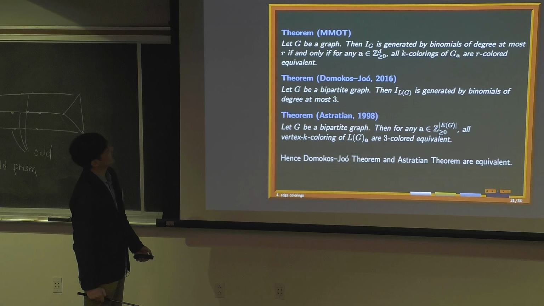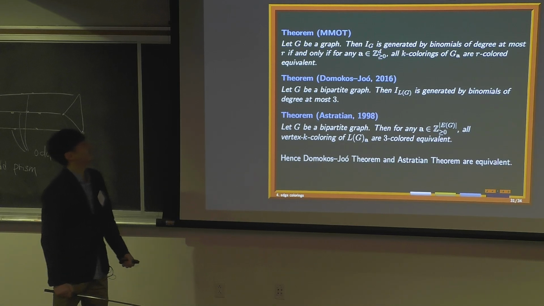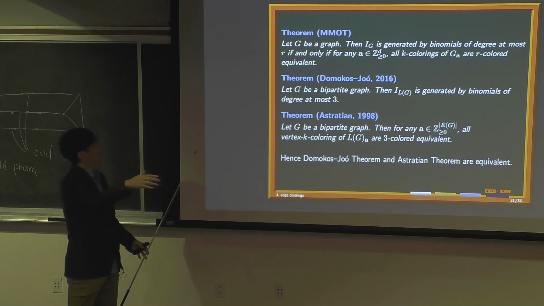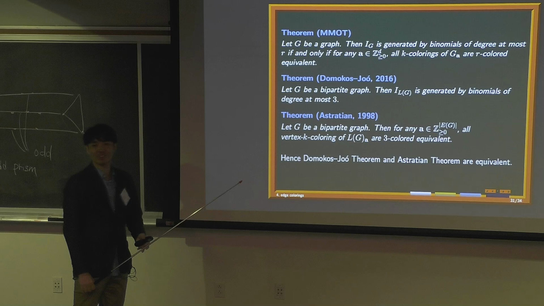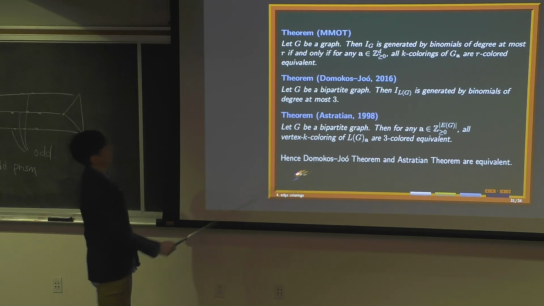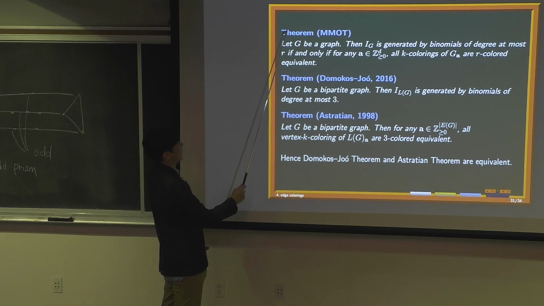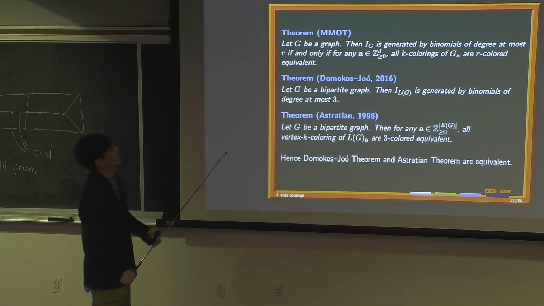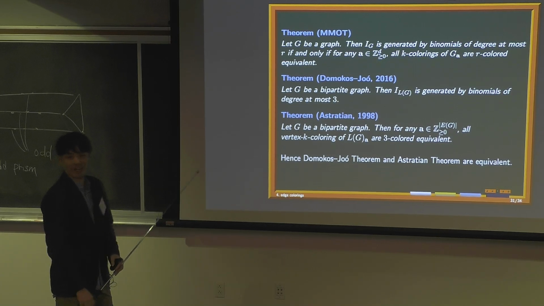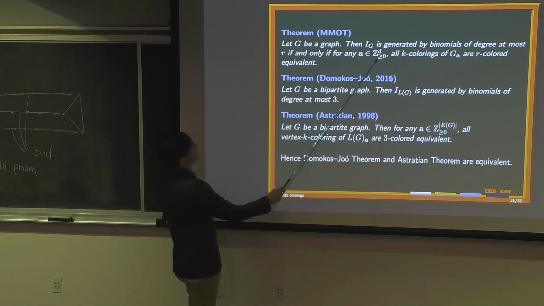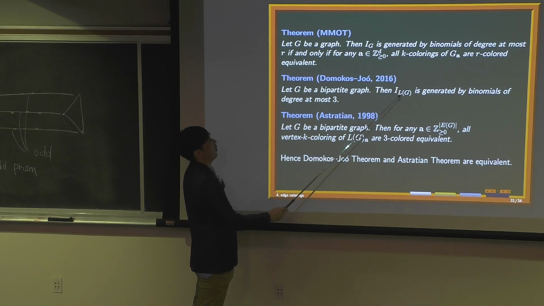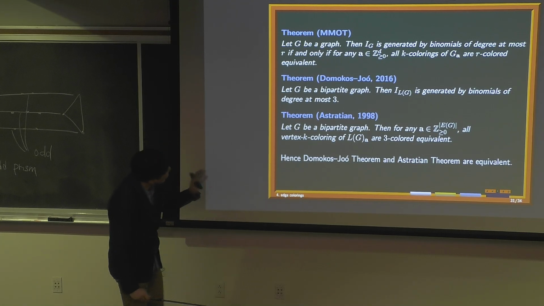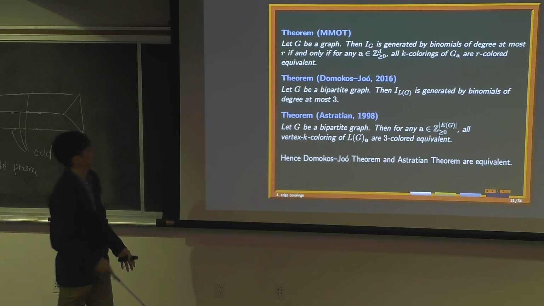By using this notion, we can characterize the maximal degree of minimal generators of the stable set ideal. Namely, for a general graph G, the stable set ideal is generated by binomials of degree at most r if and only if all k-colorings of replication graphs are r-colored equivalent.